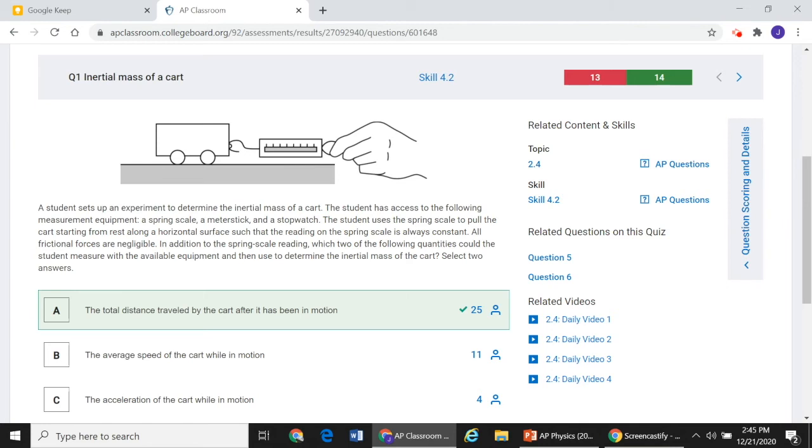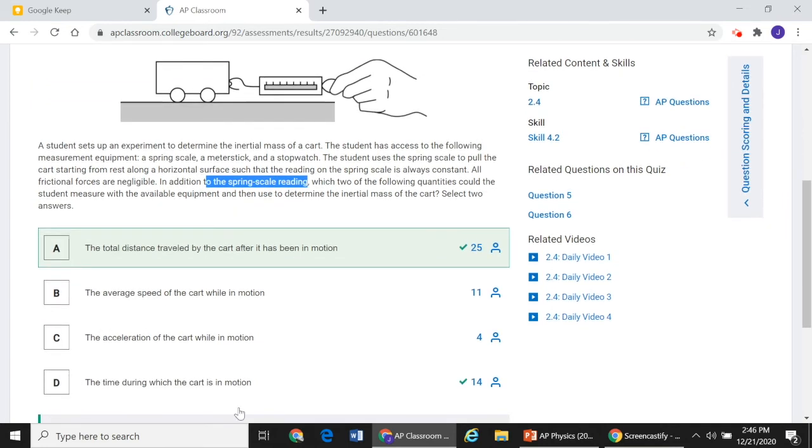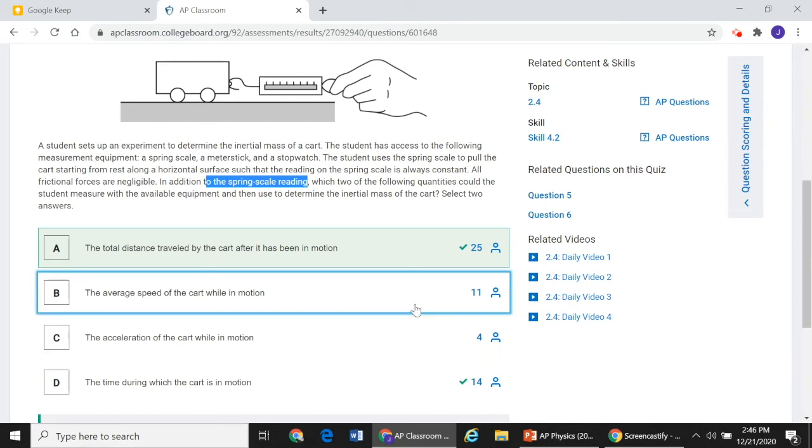Since you already have F net, and if you didn't realize it, you do already have F net because they tell you you are being given the spring scale reading, then what you needed to measure was the acceleration. Almost everybody who got this one wrong in some part picked the average speed of the cart while in motion, and that doesn't give you what you need.